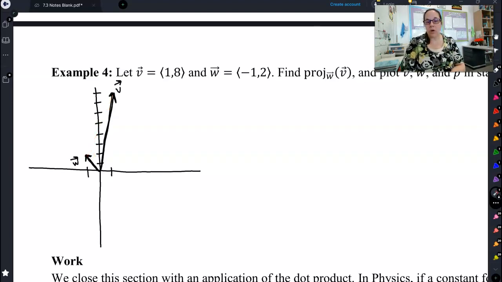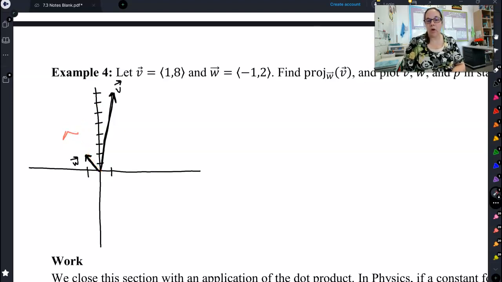So if we are going to change the size of w, do you think we're going to make w longer in order to make that right triangle, or do you think we're going to make w shorter? Hopefully when you think about it, you'll see that we have to make w longer. If I make it about this long, then when I project v onto it, I have my right triangle.